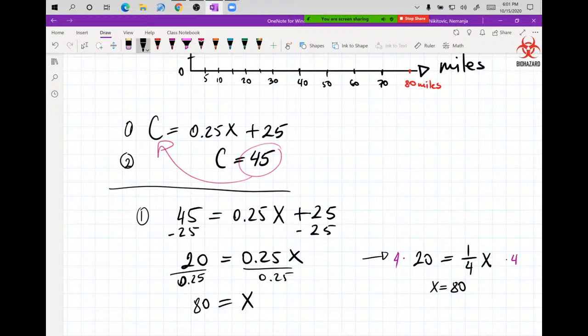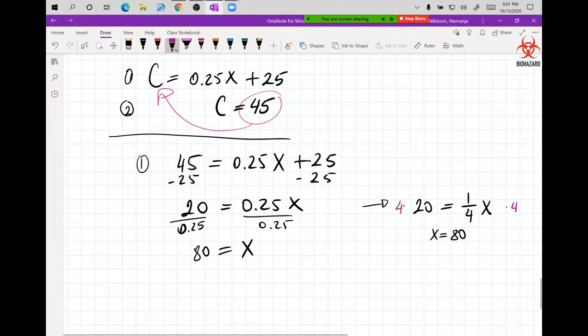So you are done with the problem faster than people figure out where the calculator is. You already have the solution if you know fractions. Now, if you don't want to bother with that, obviously no one will make you. You can just use the calculator to divide 20 by 0.25 and you will get 80.